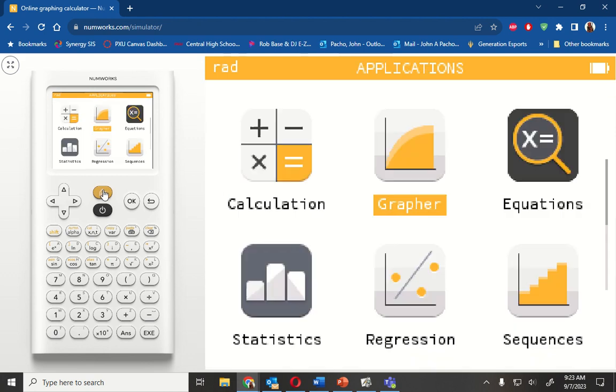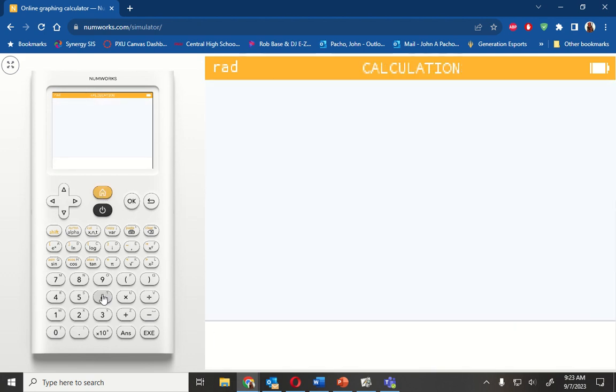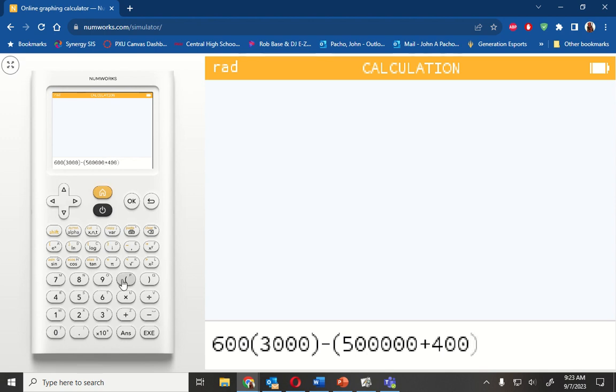All right, so I'm going to go back to home, and I want calculations this time. And it is 600, parentheses, 3,000, close, minus, open, 500,000, plus 400, parentheses, 3,000 again, close and close.